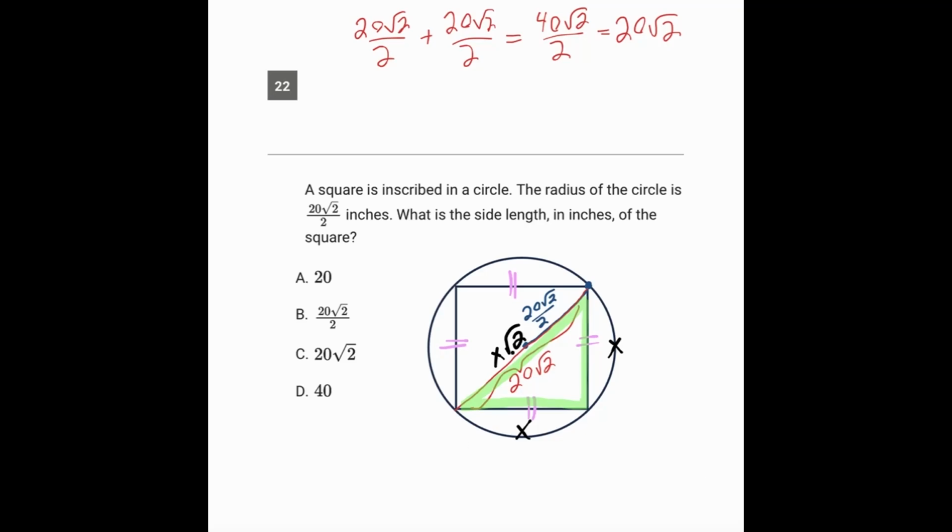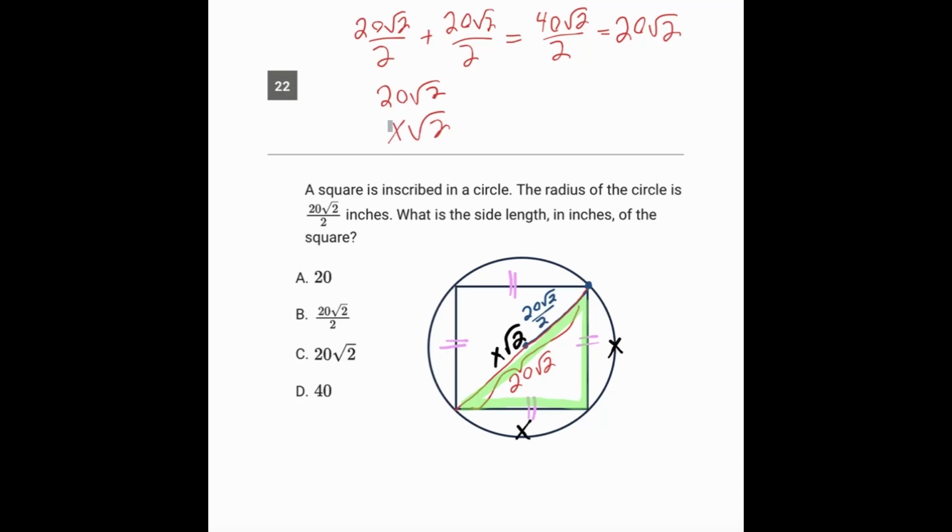Now, by the way, you can also work this using Pythagorean theorem, but special triangles, the 45-45-90 triangle, is definitely quicker in this situation. So the same diameter of the circle, which is also the hypotenuse of the right triangle, we already knew from the beginning that it had a length of 20 root 2, but in terms of that 45-45-90 triangle, it's also x root 2.